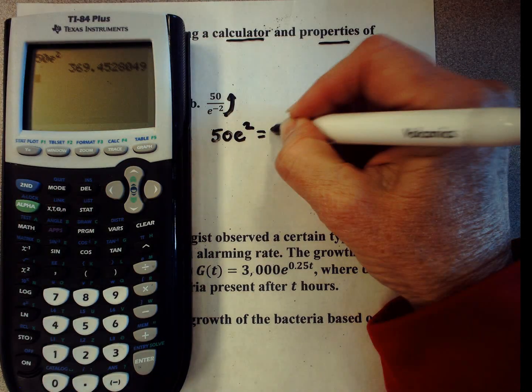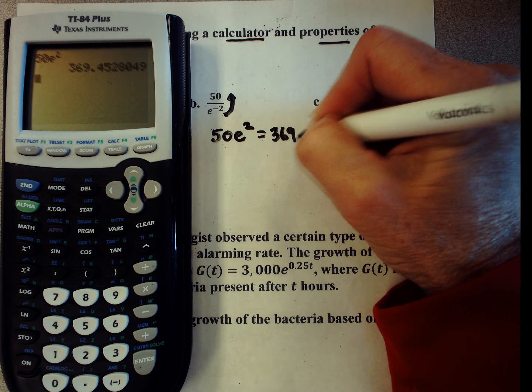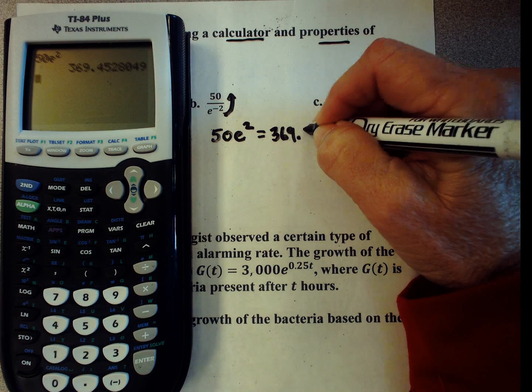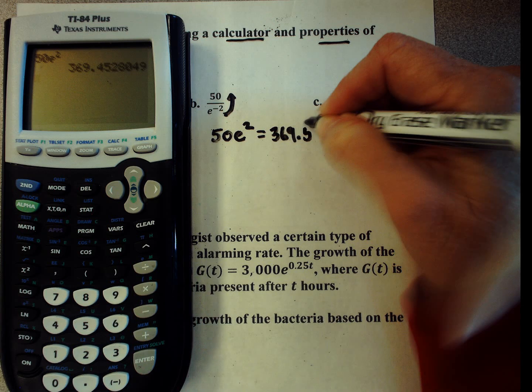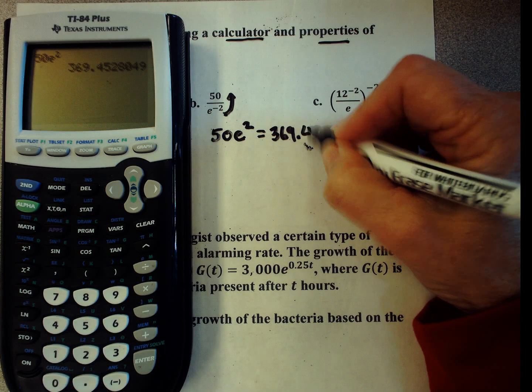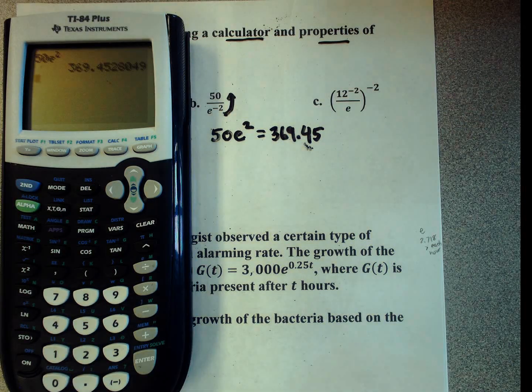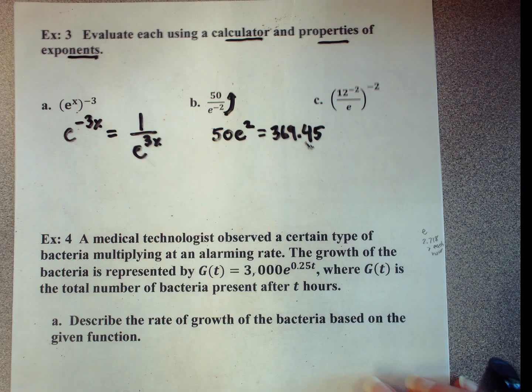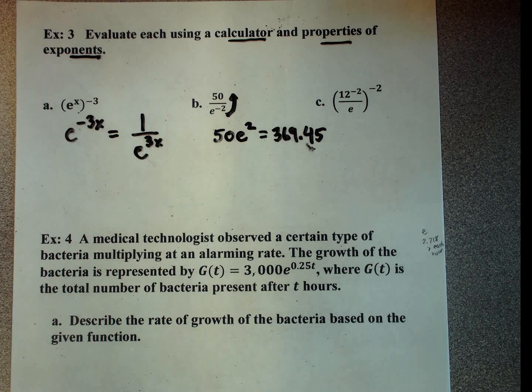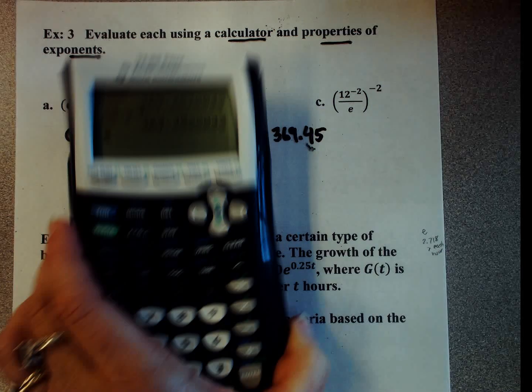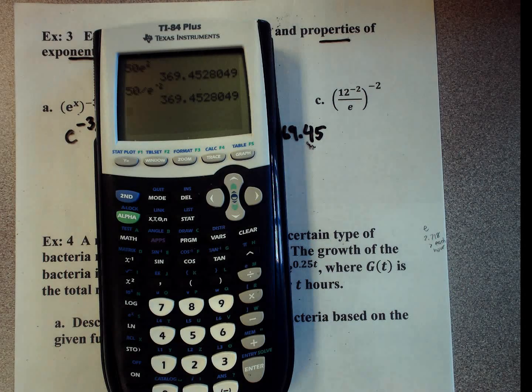And that's going to equal 369 point, let's go with 2 decimal places, 45. So if you did just as the problem showed you, you could see you get the same exact answer.